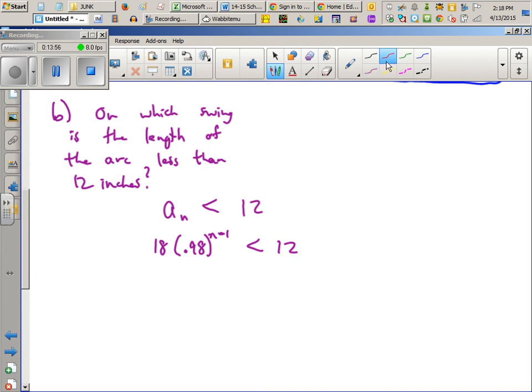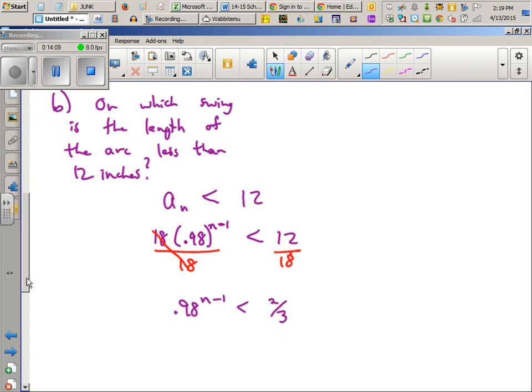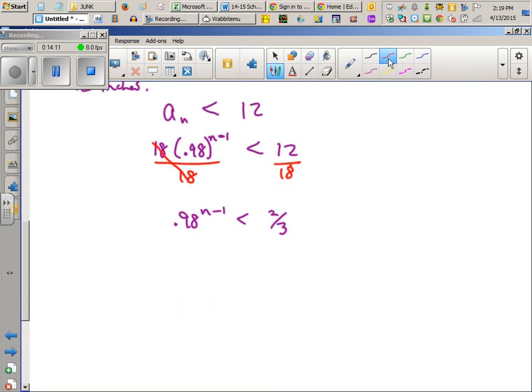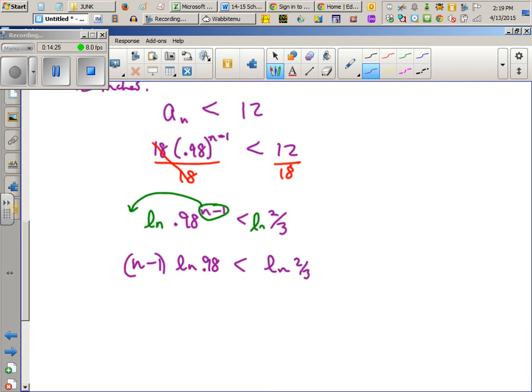We learned logs for a reason in the beginning of the year. So we're going to divide by 18 on both sides. This gives me 0.98 to the n minus 1 is less than 2/3, basically. Then the log will get that n minus 1 down. Logs have a way of doing that. We're going to put an ln here. This allows us to bring the n minus 1 to the front. Okay, this next part's a little tricky. Watch close.